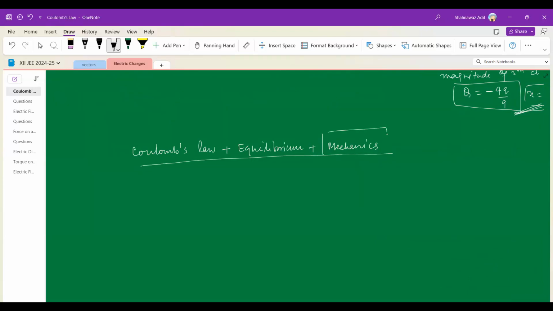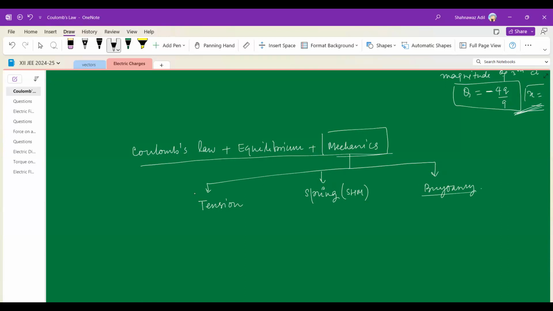This is the thing that we add. And what kind of mechanics do we add? In mechanics, we add tension, we add spring, which is also called SHM, and then we add, let's say, buoyancy. So these are the things that we add, right?